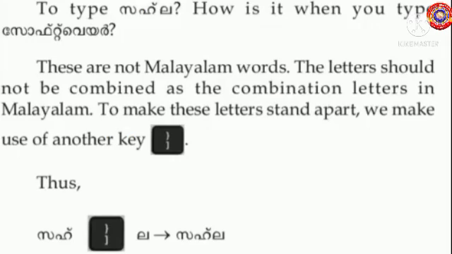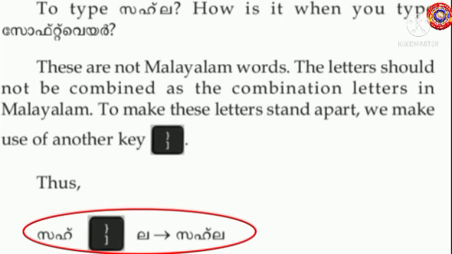Suppose we want to type Sahla or software. Actually, these are not Malayalam words. The letters should not be compiled as the combination letters in Malayalam pronunciation. So, to make these letters stand apart, we make use of another key, that is curly brace or closed square bracket.